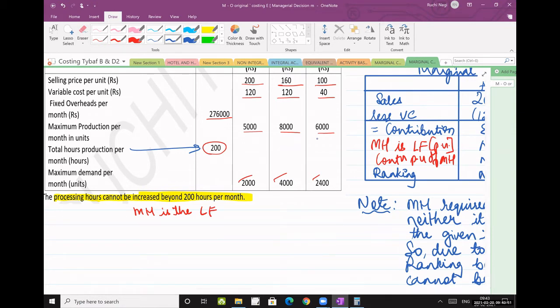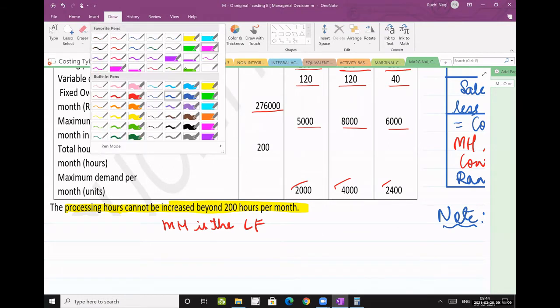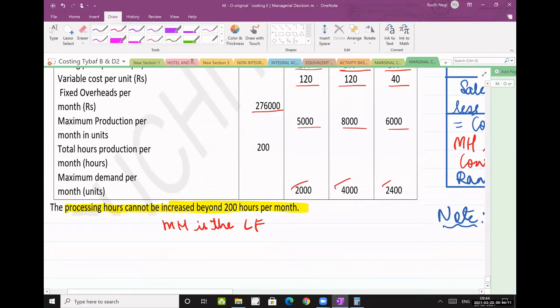Okay? Now suppose in the question paper ये 200 यूनिट्स दिया है. ओके, तो मैं आपको बताती हूँ how it will be solved also. Assume that this information is there with us, then how it is to be solved.